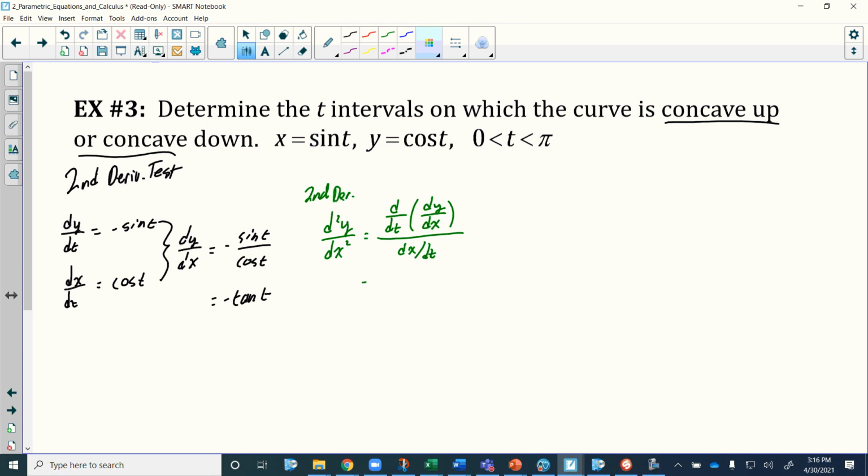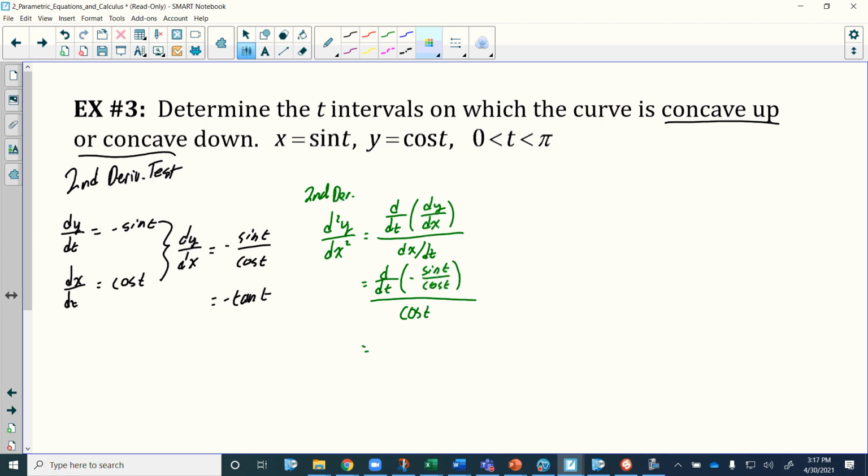So let's substitute what we have. The d/dt just indicates that we're taking the derivative of what's in the parentheses. In the parentheses, I'm going to put negative sine of t over cosine of t, because that'll probably be easier to do than tangent for the derivative. And dx/dt is just going to be cosine of t.